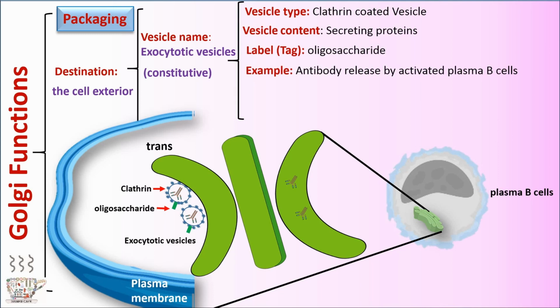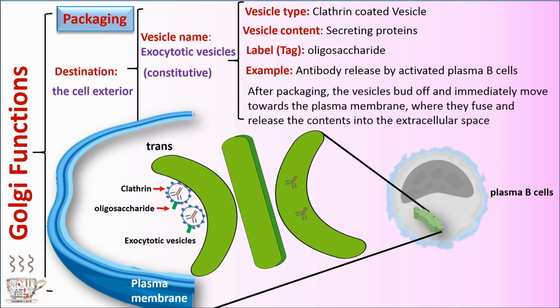One example of exocytotic vesicles is vesicle containing antibody released by activated plasma B cells. After packaging, the vesicles bud off and immediately move towards the plasma membrane, where they fuse and release the contents into the extracellular space.